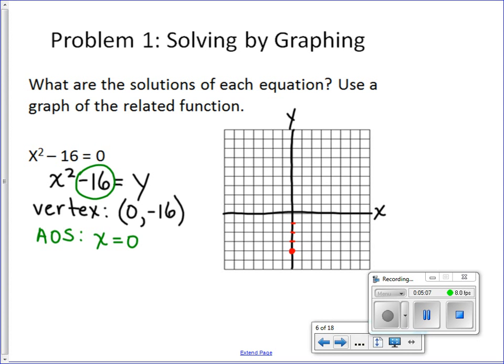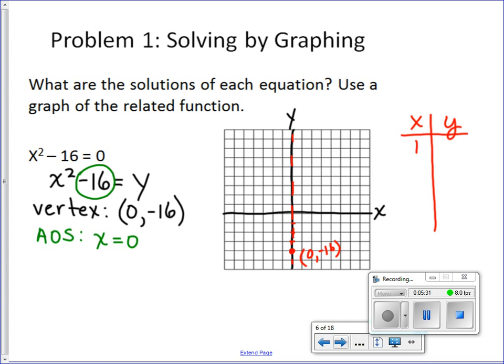Okay? And my axis of symmetry, of course, is along this line. All right, and I'm going to label my point since each square represents 4 units. So 0, negative 16.